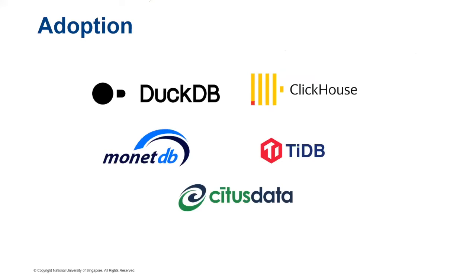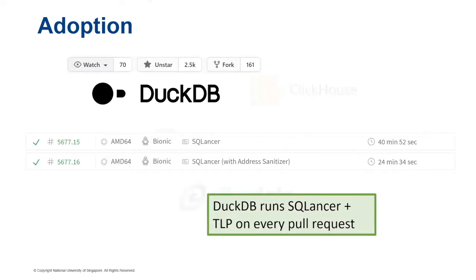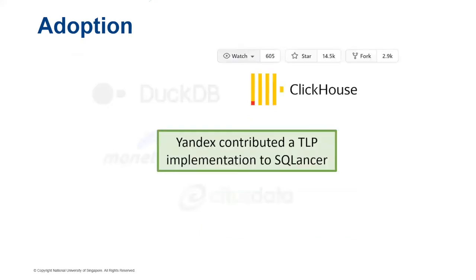SQLancer has also been widely adopted by companies. So this slide is actually quite outdated. There are now many more database systems that use SQLancer, but I still want to illustrate this. So for example, DuckDB, they run SQLancer and TLP on every pull request. Then Yandex, they contributed a TLP implementation to SQLancer.